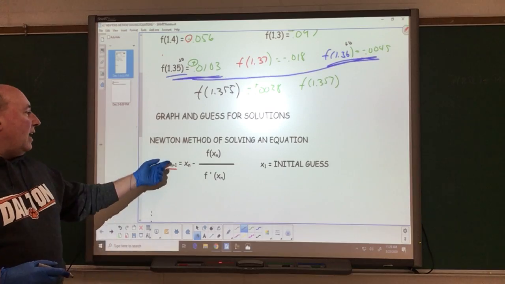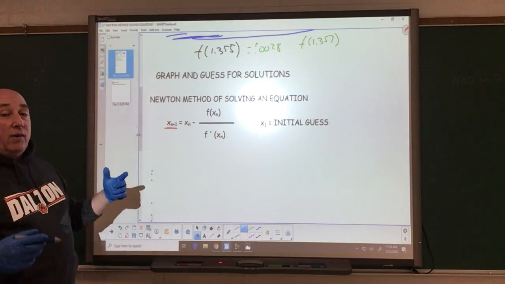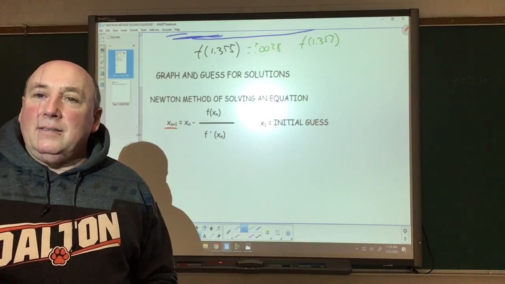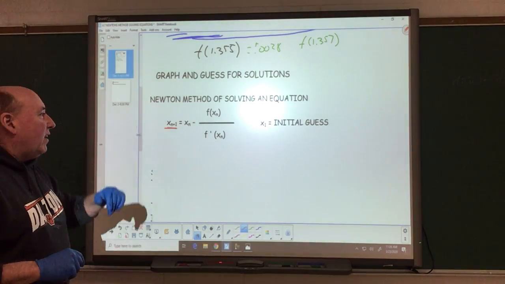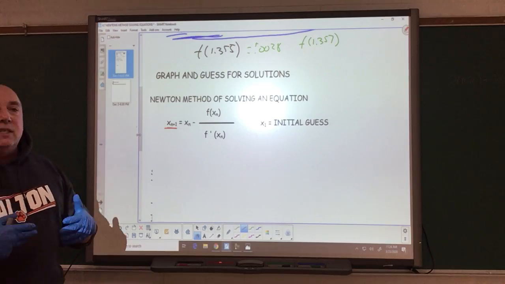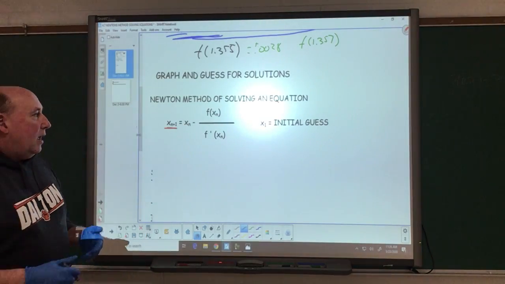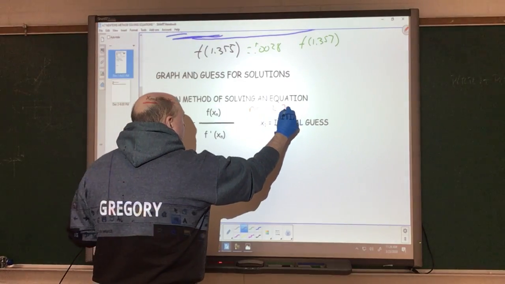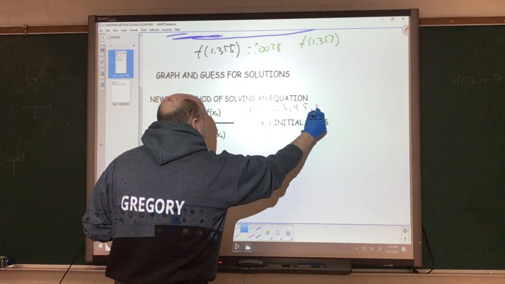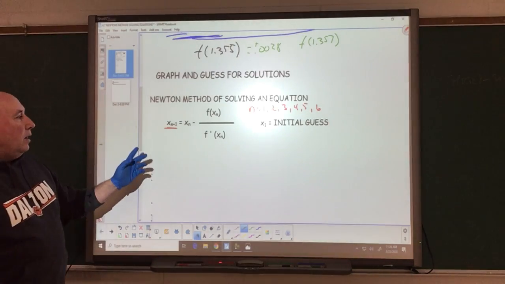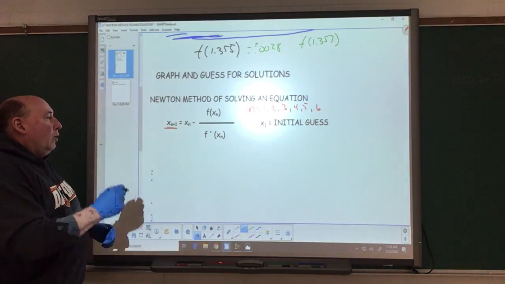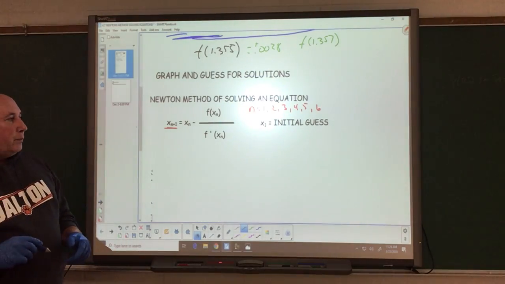Now, what this n value is, and once again, if I'm going too fast, I won't be offended, hit your pause button. Okay, what this n value is, is just a counter number. n is equal to 1, 2, 3, 4, 5, 6, and so on. x_1 would be your first guess.